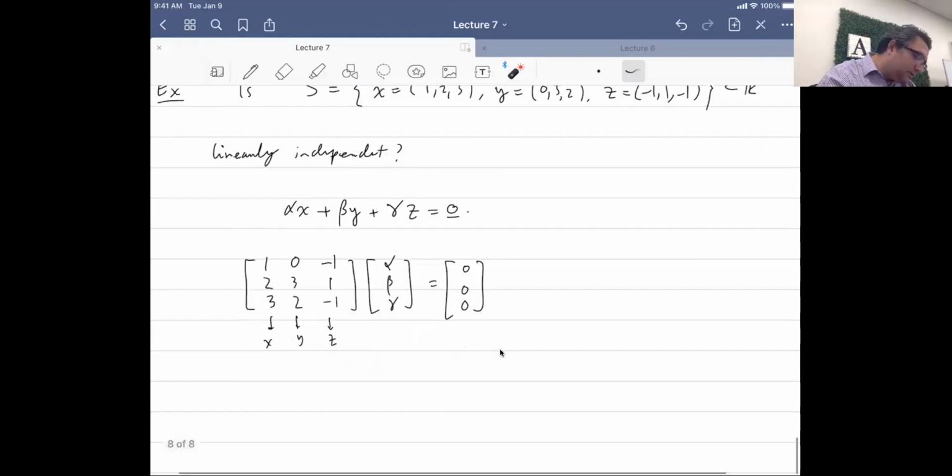So now you see the problem boils down to solving a system. And now I want to look at it from another equivalent point of view, matrix multiplication. I could have used the augmented matrix as well, but I did it this way now. So if I do it this way, how can you determine whether the system has a unique solution or not? Correct, that's a very good point.